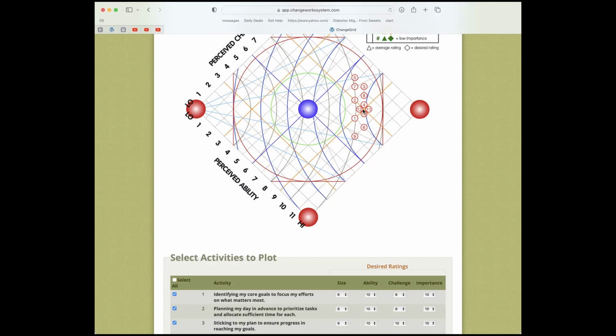It's just going to have some subtle differences to it that's maybe part personality and maybe part how someone has developed their strategies for dealing with certain kinds of issues. So my point here is that I'm seeing an interesting concentration of activities, or the plotting of the activities overall.